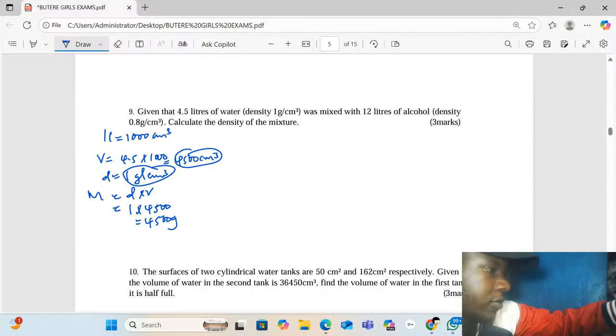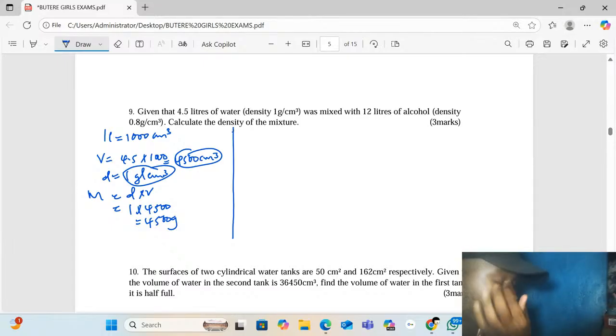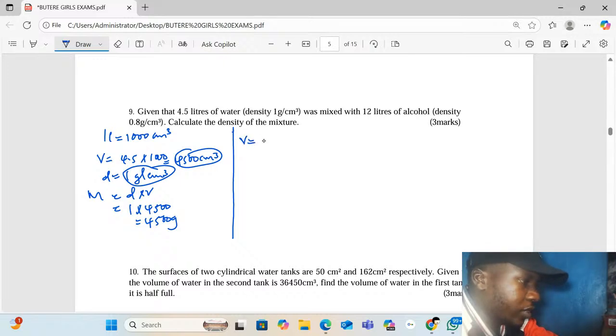We can also look for the mass of alcohol, using 12 liters. So the volume of alcohol will be 12 times 1,000, that is 12,000 cubic centimeters. That is the volume, and the density we are given to be 0.8 grams per cubic centimeter.